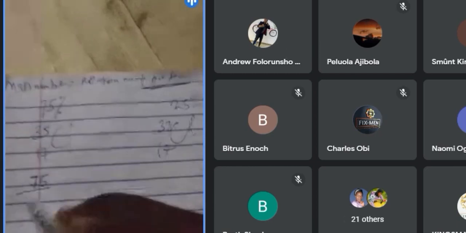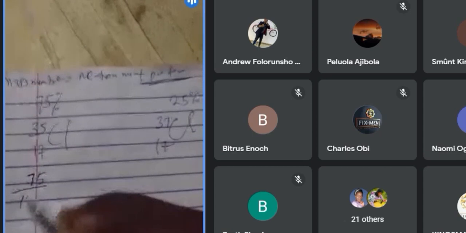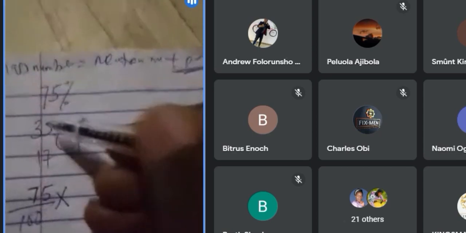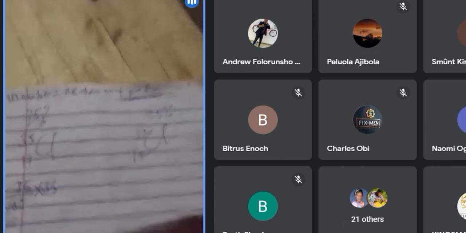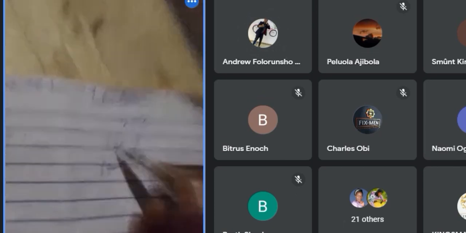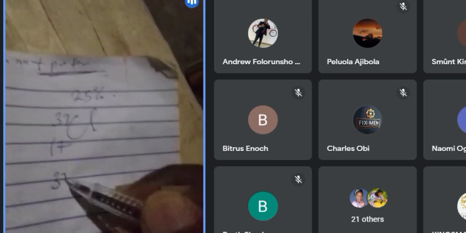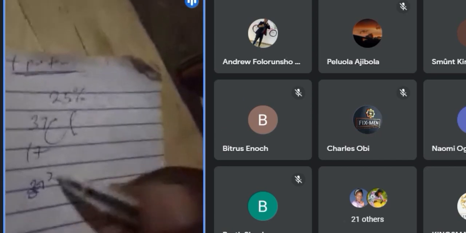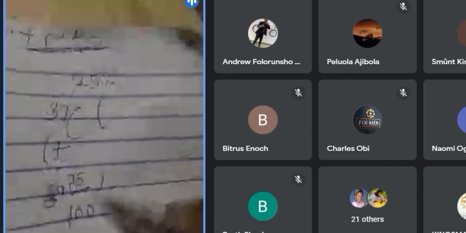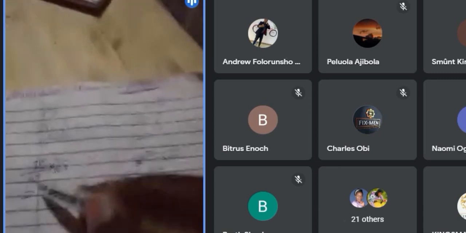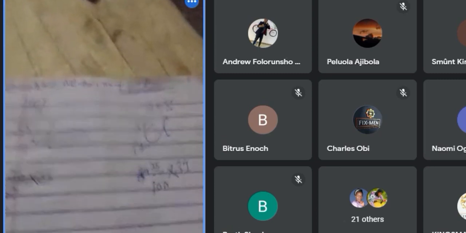This is 75 over 100 multiplied by the mass number, that's 35. And 37 with 25 over 100, that's 25% in nature, 25 over 100 multiplied by 37.